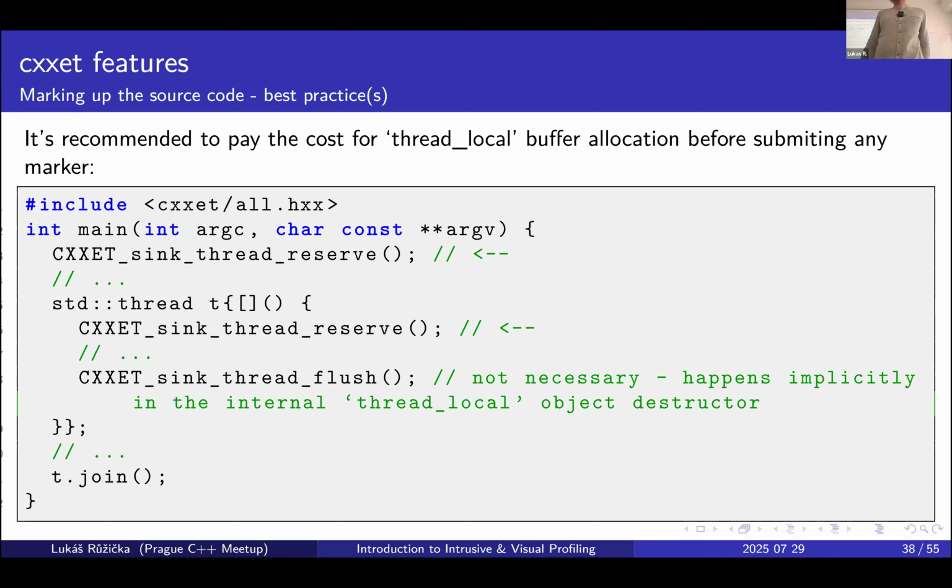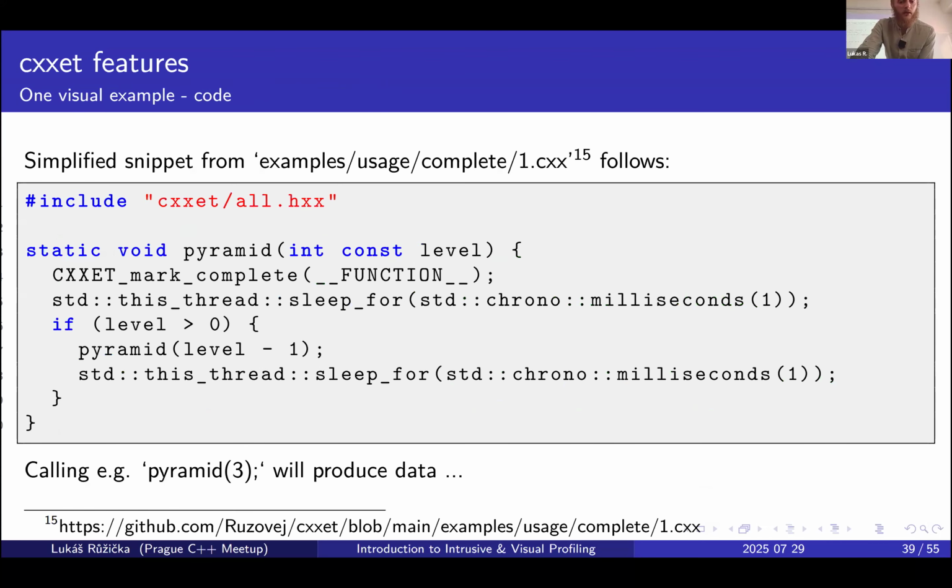I mean, you don't have to do it, but you will pay for the allocation at the first use of the first marker. So it will be, I would say, suboptimal. That's the only downside.